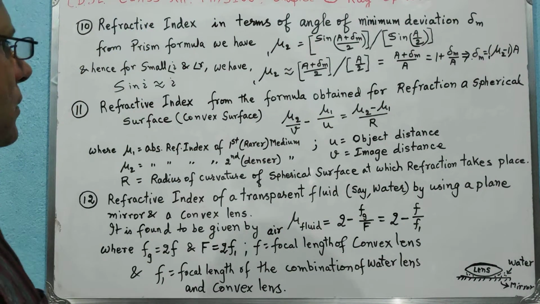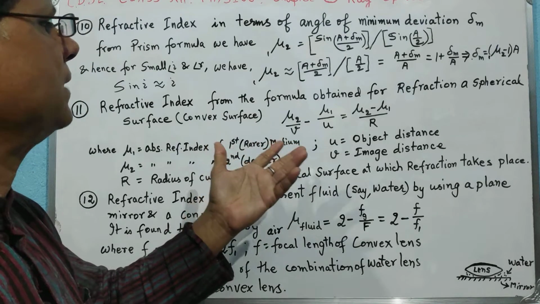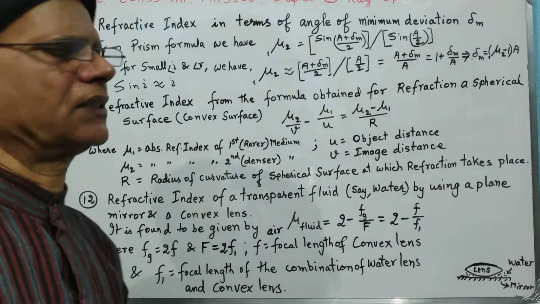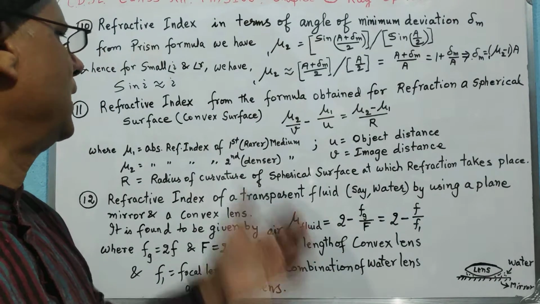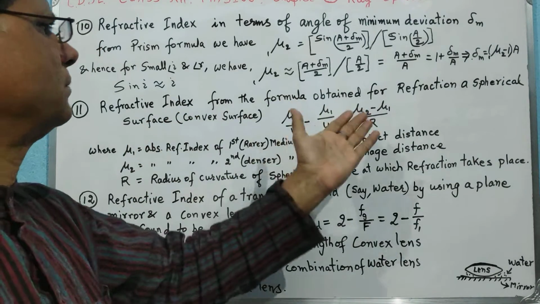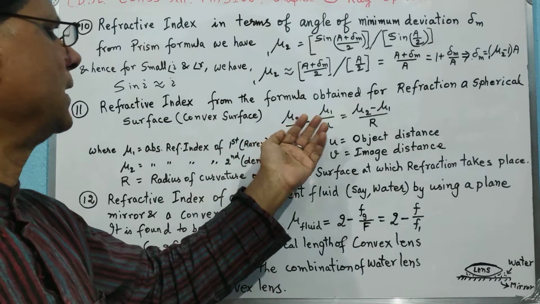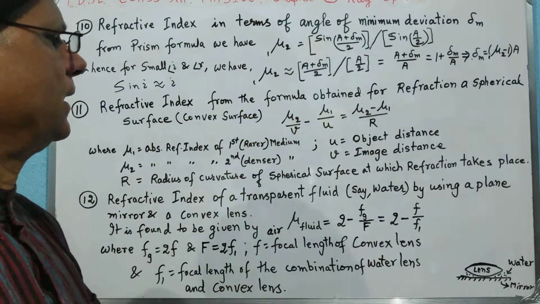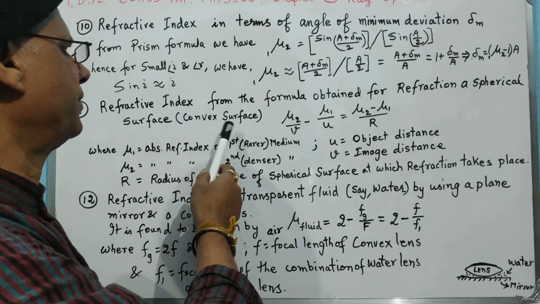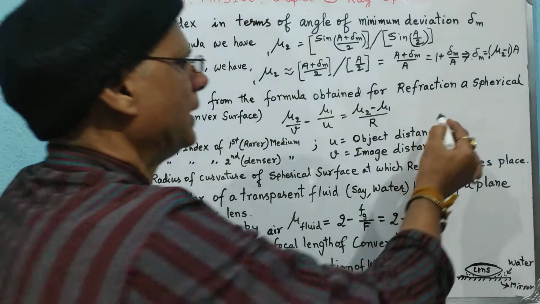Now we talk about yet another expression for the refractive index in terms of absolute refractive indices of the mediums. Say we take the first medium as air and the second medium as glass, with refraction taking place at the convex surface of the lens.